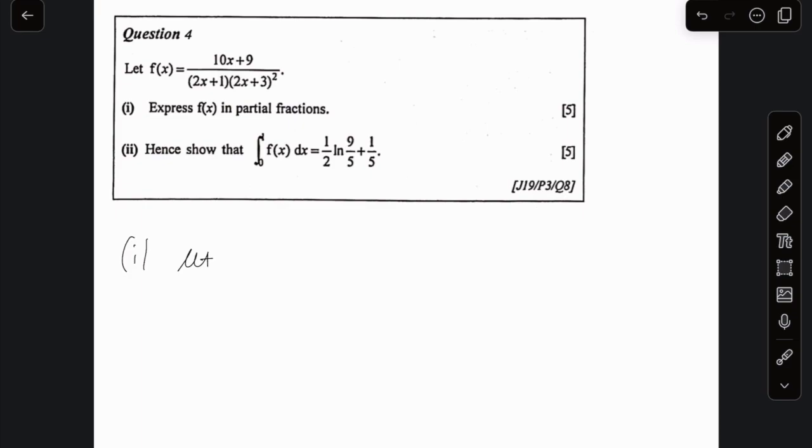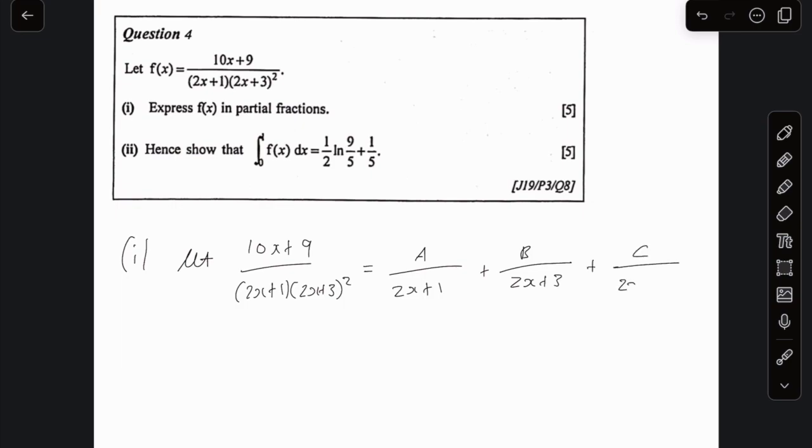Let (10x + 9) over (2x + 1)(2x + 3) squared equal A over (2x + 1) plus B over (2x + 3) plus C over (2x + 3) squared. I'm going to simplify this.